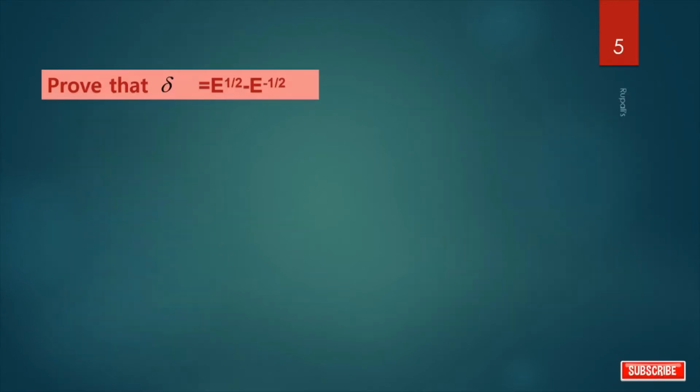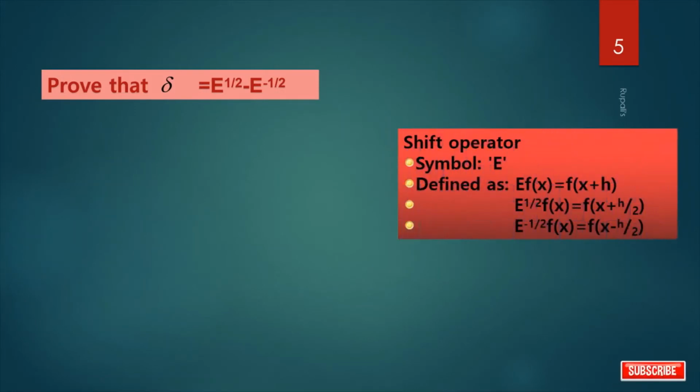Our next problem is prove that small delta equals E to the power half minus E to the power minus half. I am giving the hints. First, the shift operator symbol is E and defined as Efx equals fx plus h. So, E to the power half fx equals fx plus h by 2 and E to the power minus half fx equals fx minus h by 2.